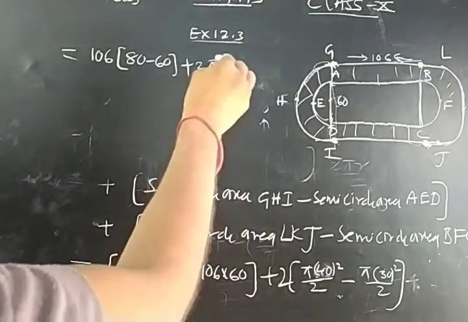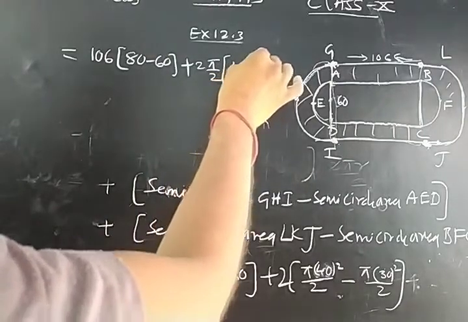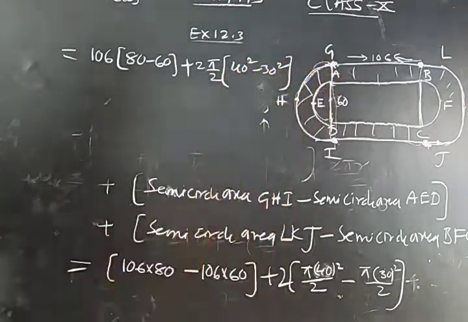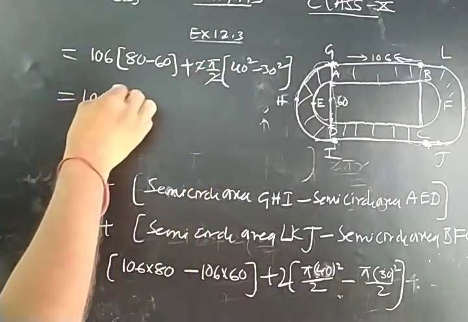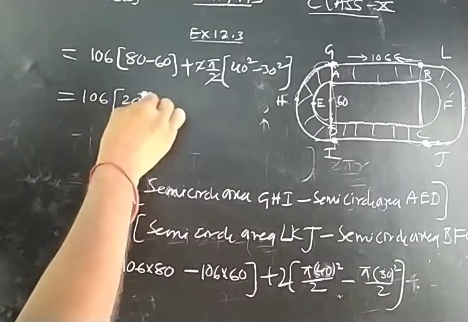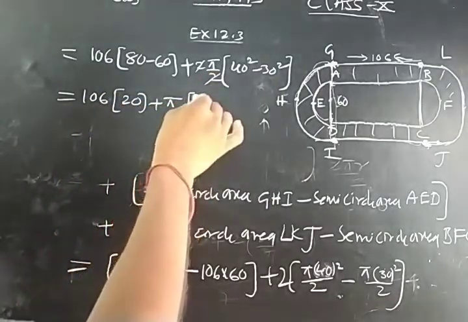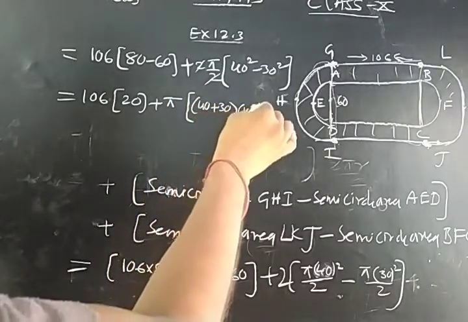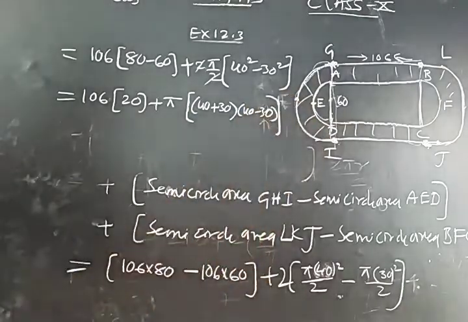So 2 into pi by 2 I am taking common, 40 square minus 30 square. The 2s cancel. 106 into 80 minus 60, 20, plus pi into 40 square minus 30 square. How can we simplify? 40 plus 30, 40 minus 30, right?